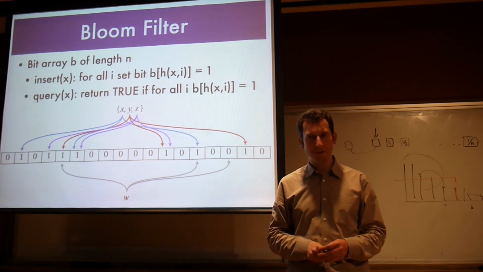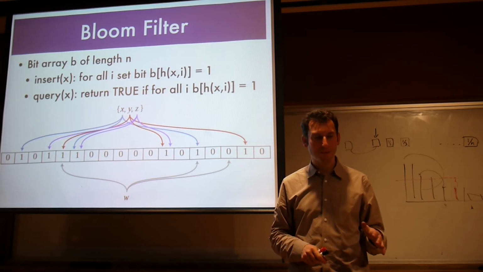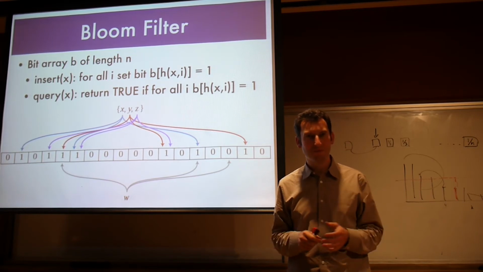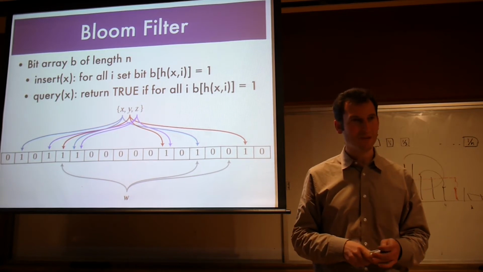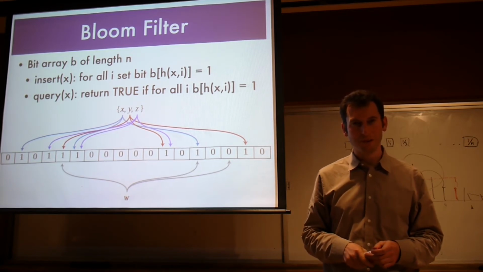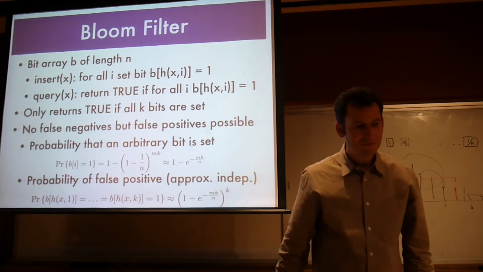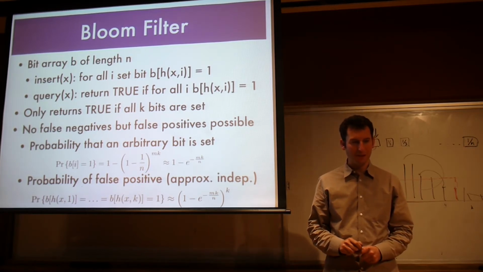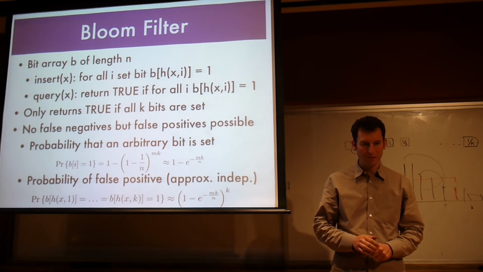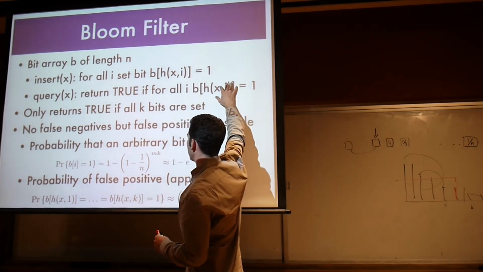So I'll give you a very simple back of the envelope reasoning for that, and then you can actually look up more detailed things, for instance in the Mitzenmacher book or the Broder and Mitzenmacher review paper. So here's how the algorithm works. Bit array of length n, we insert, set all the bits, and for query we return true only if everything is true.